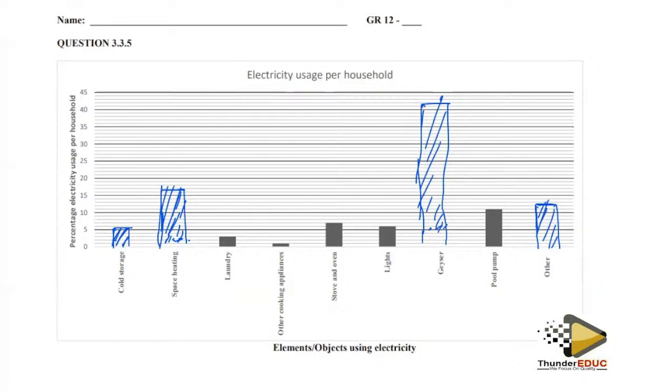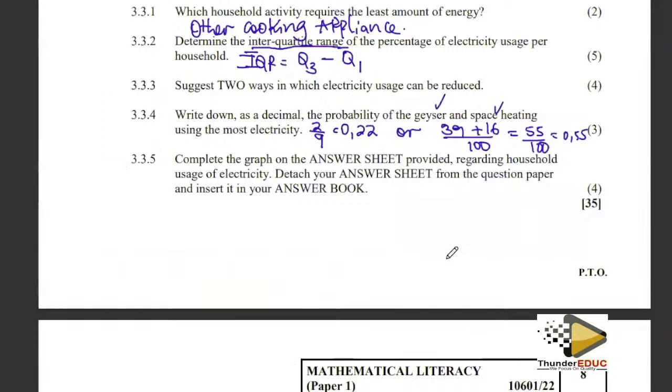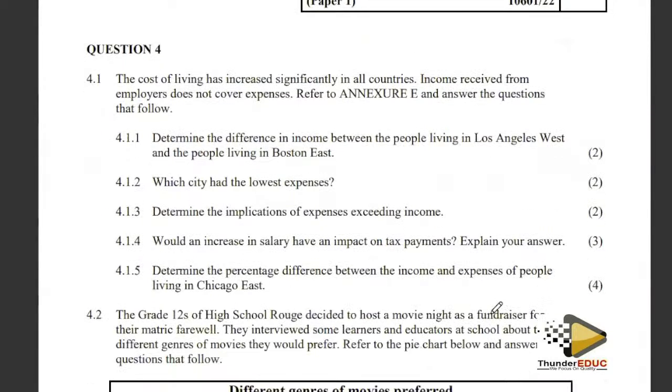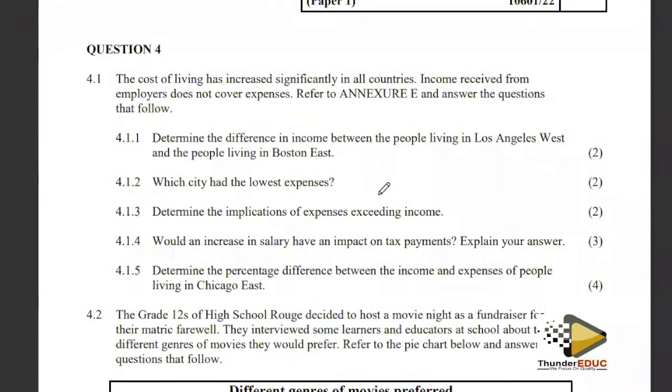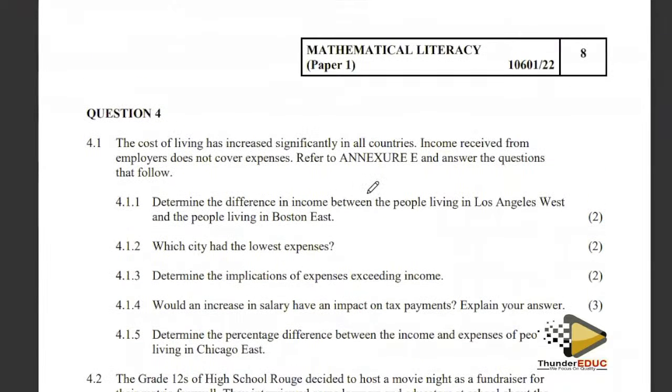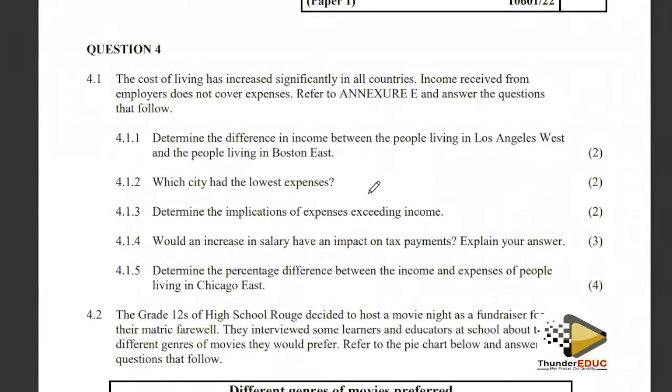Okay, let's go back to the question. Let's look at question number 4. The cost of living has increased significantly in all countries. Income received from employers does not cover the expenses.